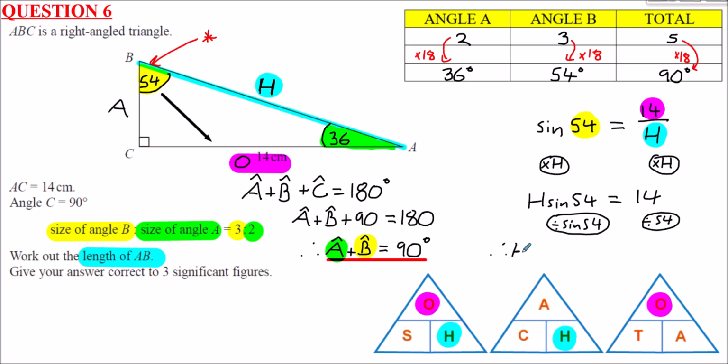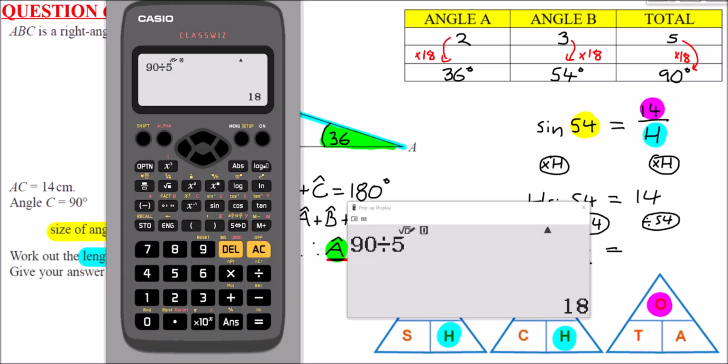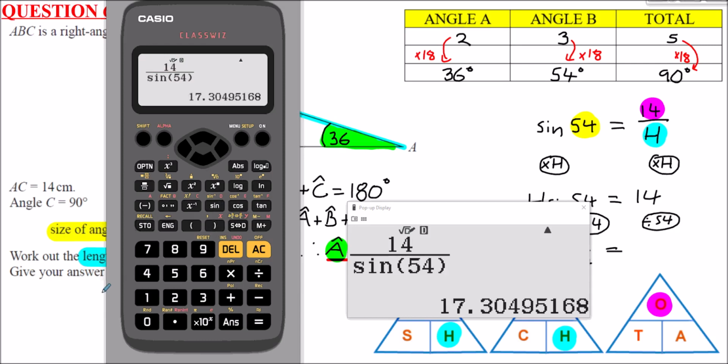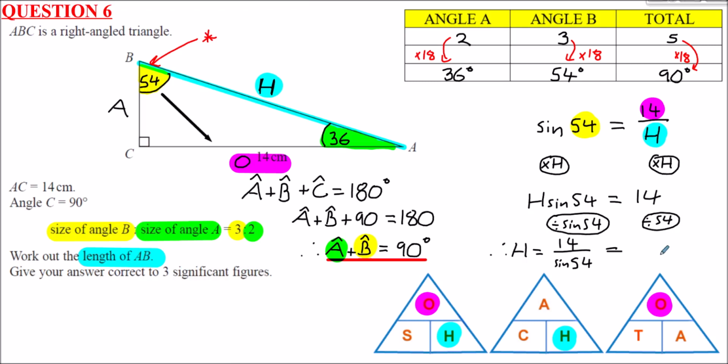So therefore, H equals 14 divided by sine 54. So 14, divided by sine, press 54, close the brackets, press equals 17.3. With the 3 significant figures, we've got 17.3 centimetres.